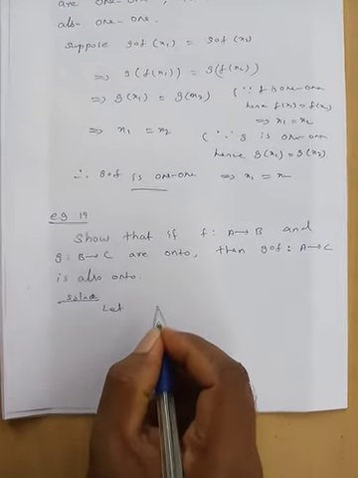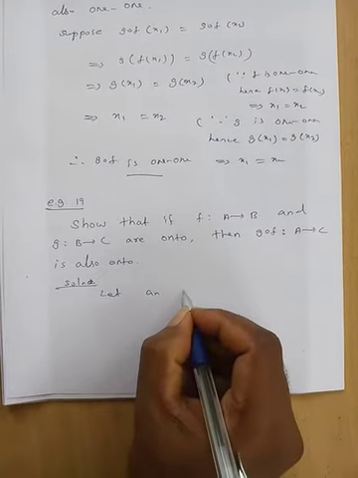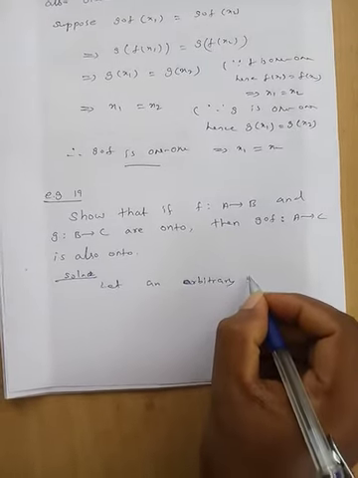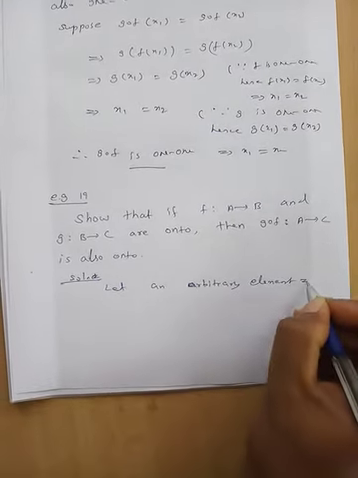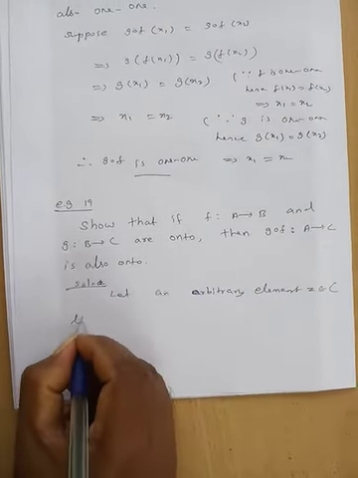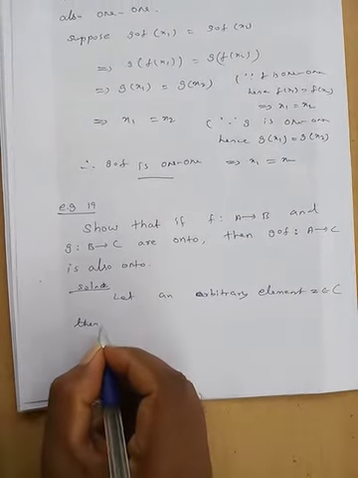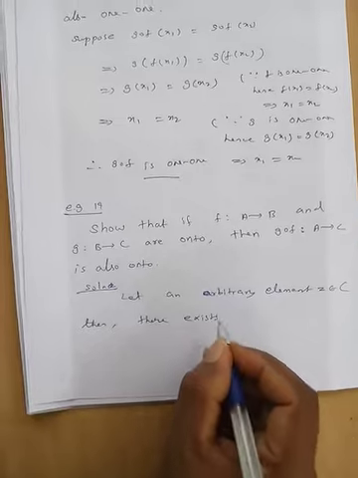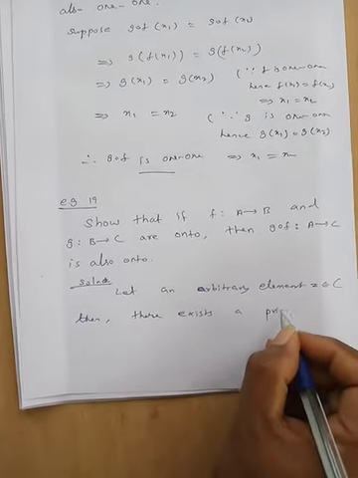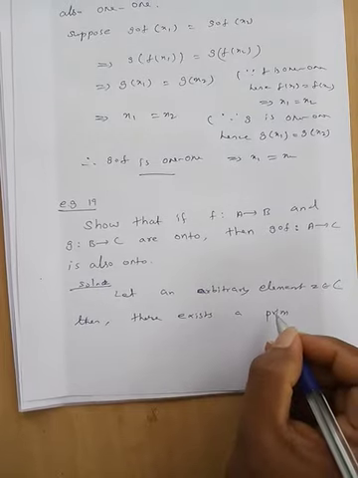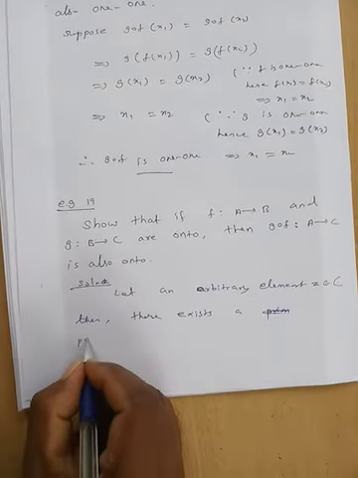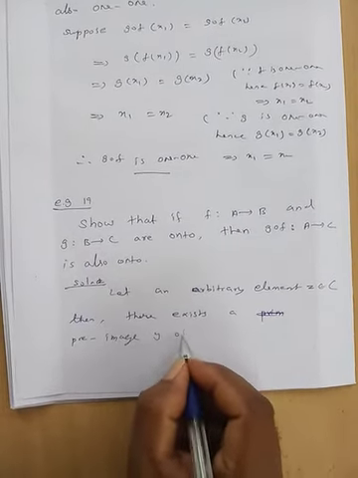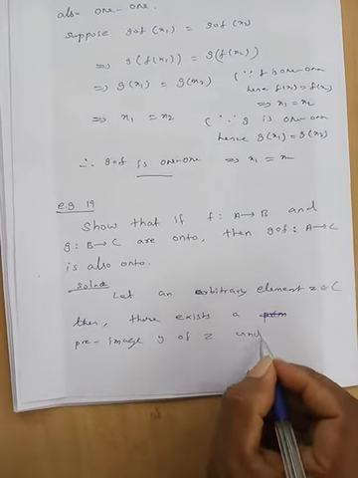Let z be an arbitrary element belonging to C. Then there exists a preimage y of z under g.